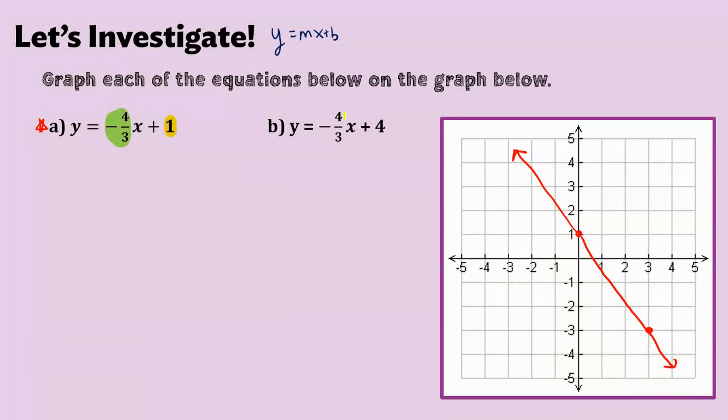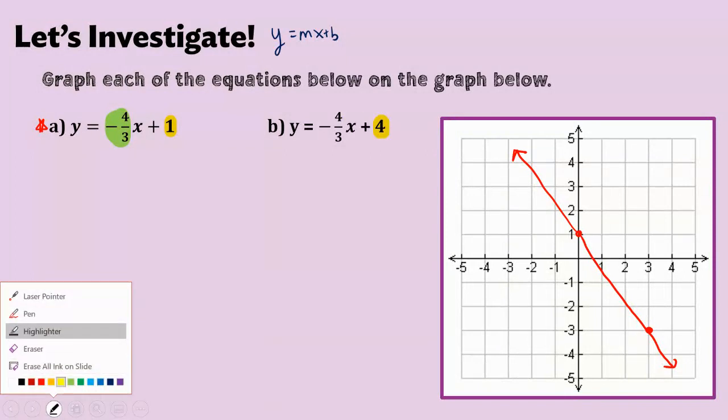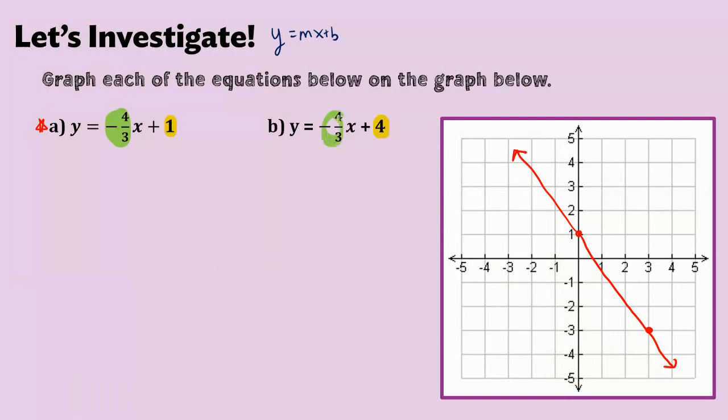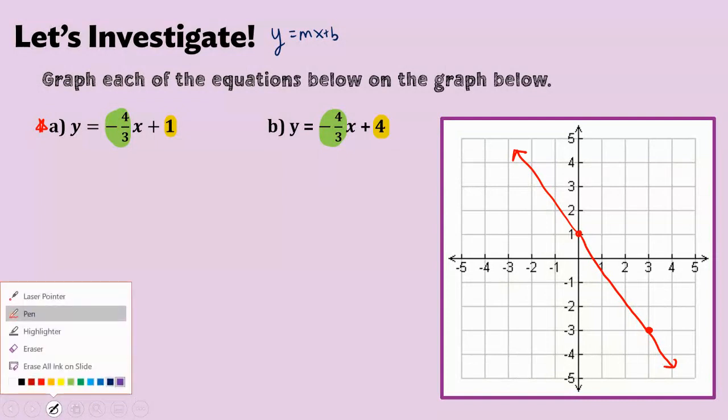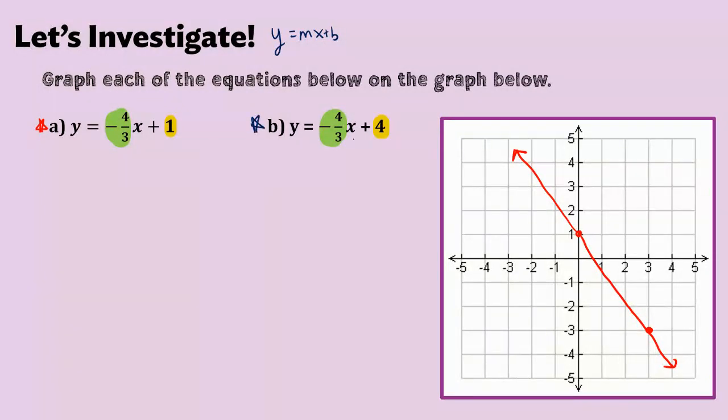For our second line, this is our y-intercept. This is our slope. I'm going to graph this in blue. So I'm going to start at that point 4. Think about it, if I plugged in 0, 0 times anything is 0 plus 4 is 4, so I get the point (0, 4).